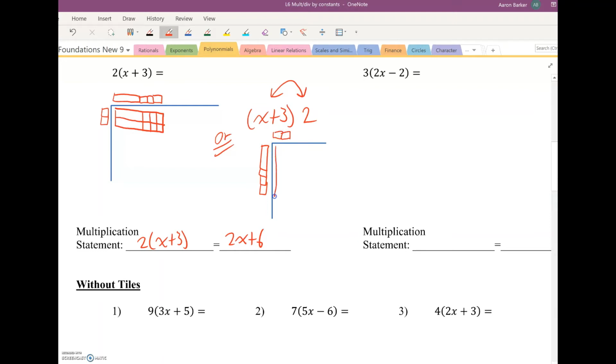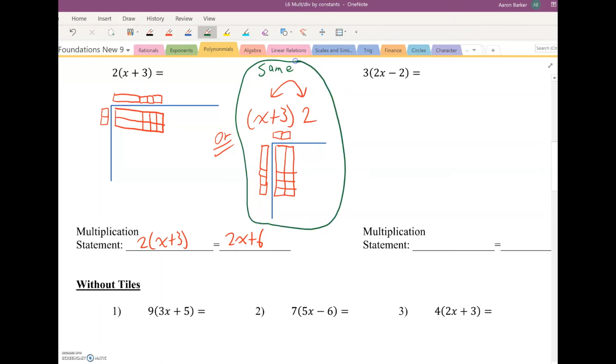And so now I'm just going to have a different orientation. So instead of 2 times x plus 3, x plus 3 times 2, but all my lines are going to be there. It's the exact same thing. If you're going to draw it this way, you should notice that you get the same answer. Same drawing, it's just orientated differently.